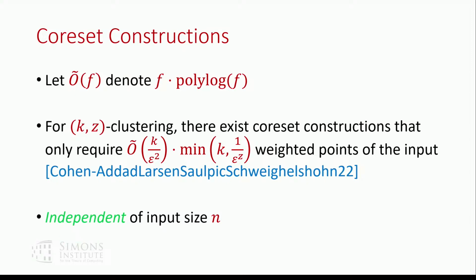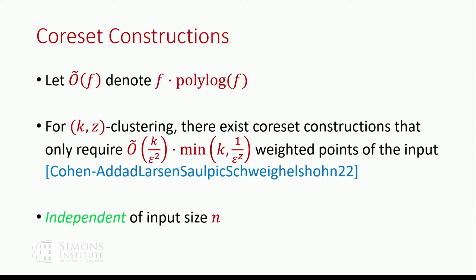OK, so what's known about coresets is that actually there exist coreset constructions that only require k over epsilon squared times, let's say for the purposes of our talk, k squared over epsilon squared weighted points of the input, right? So this is a result by Cohen-Addad, Larsen, and some others. In fact, this has been improved. There's a result that gets, I think, k to the 3/2 over epsilon squared.